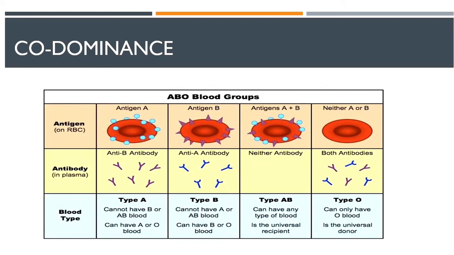Because small i is a recessive allele, so only in homozygous condition does it express itself. And when alleles IA and IB are both present together, the blood group attained is AB. Once again I repeat, both alleles IA and IB express themselves in the case of AB blood group, and therefore it is known as codominance.